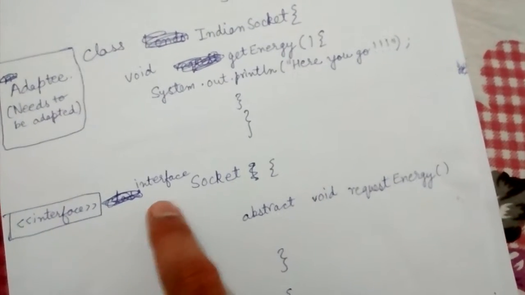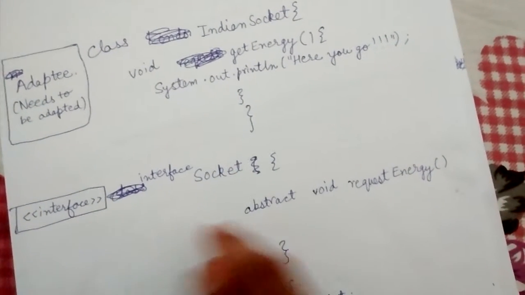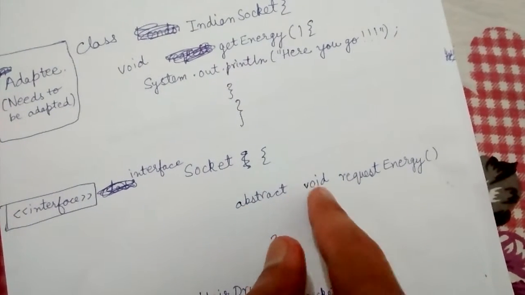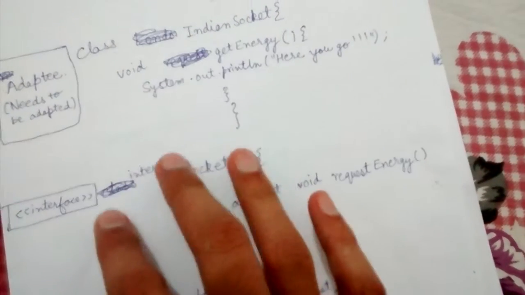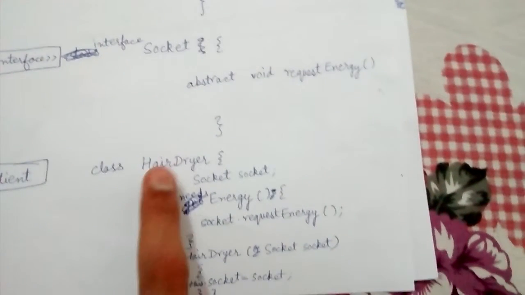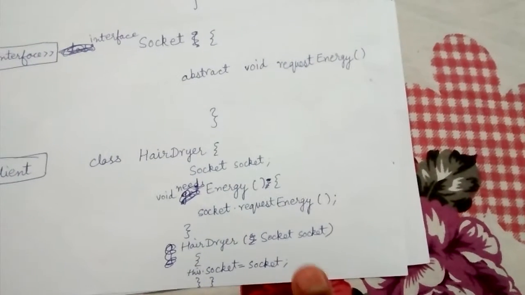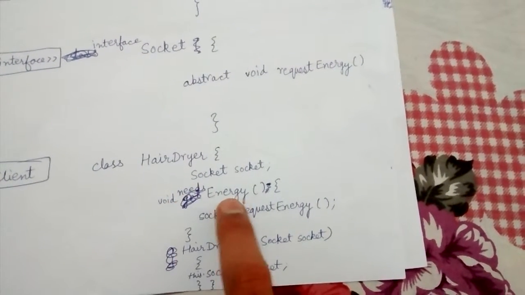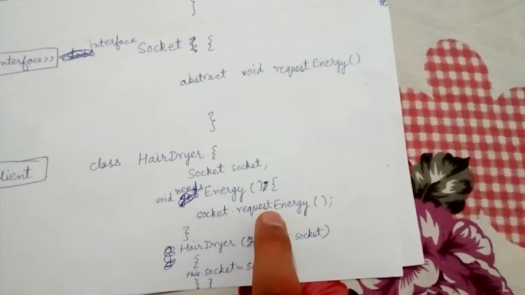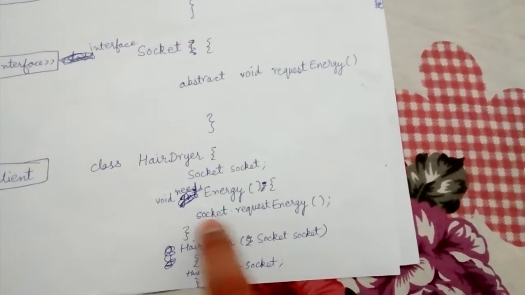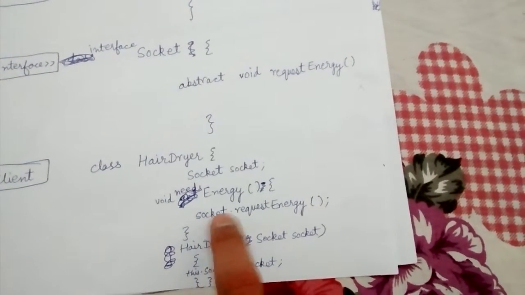What is the socket interface? The socket interface is an interface which the client is familiar with. Hairdryer is our client. It has a socket reference, and in its needs energy method it is calling the request energy method on that socket reference.